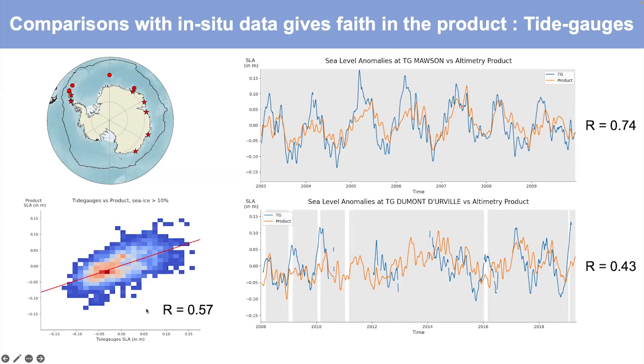So we don't get some of the extreme values here, for example, but we seem to be able to capture well the oscillations and the seasonal cycle, which we're pretty happy about, because a lot of local phenomena can affect the tide gauge measurements, which can't be captured by the satellite.